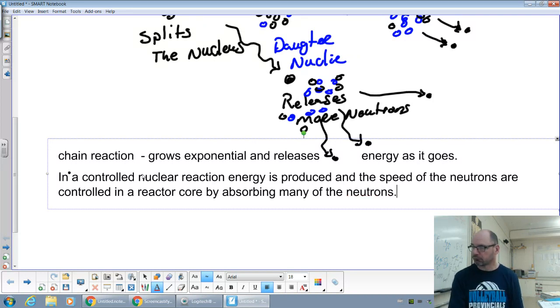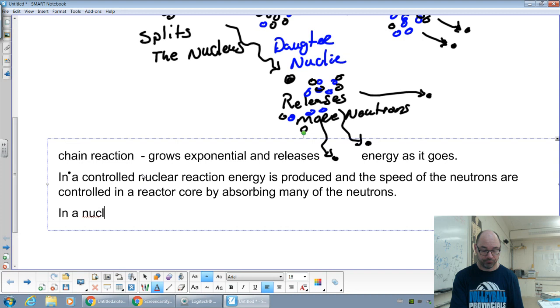In an explosion, critical mass is needed, enough of the nuclear material to explode.